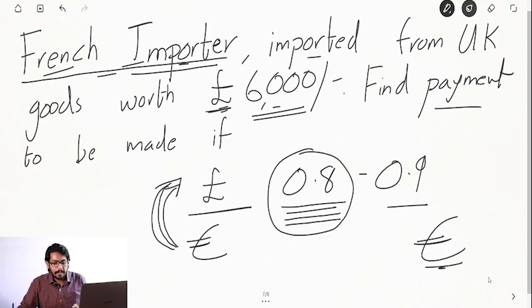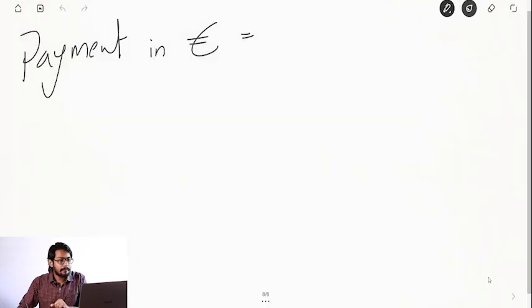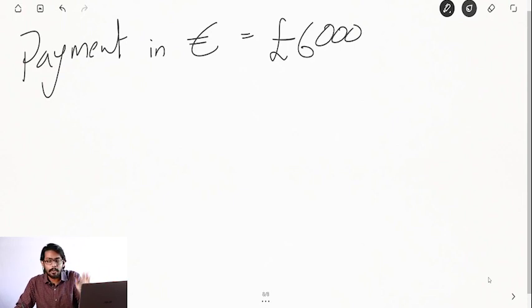Question number 1. Now, second issue we have over here. When it was rupee and dollar, it was very simple. You would simply multiply. In this question, you have pound and euro. Pound 6,000. You are not converting 6,000 pound to euro. To pay pound 6,000, how much euro do you need?